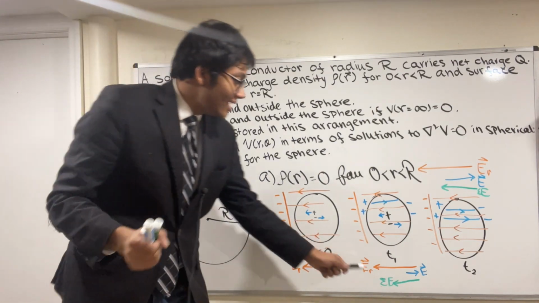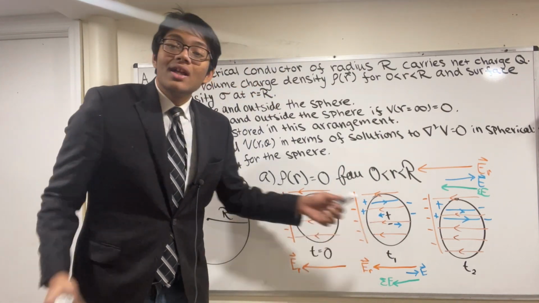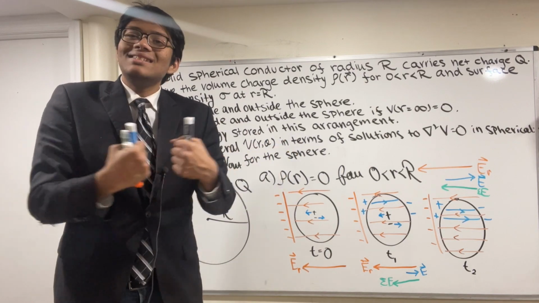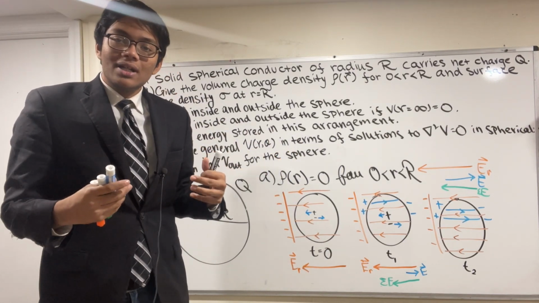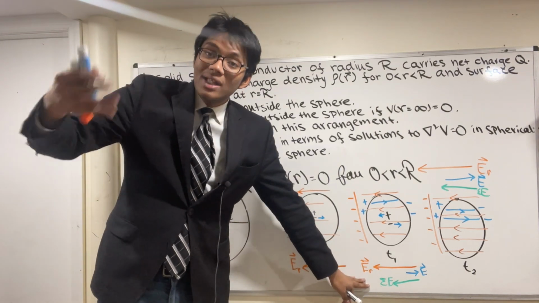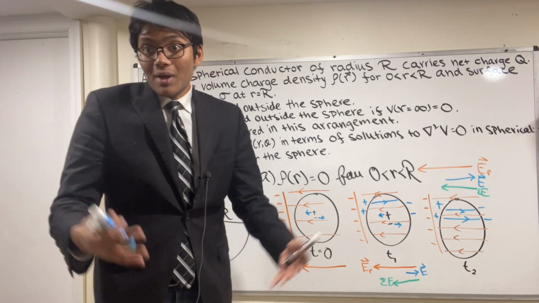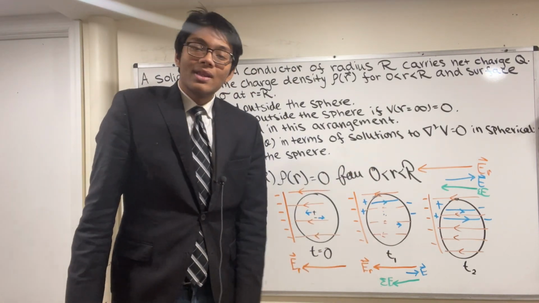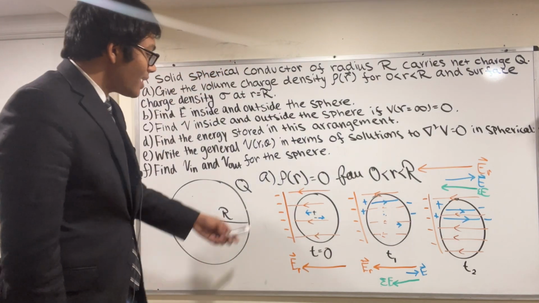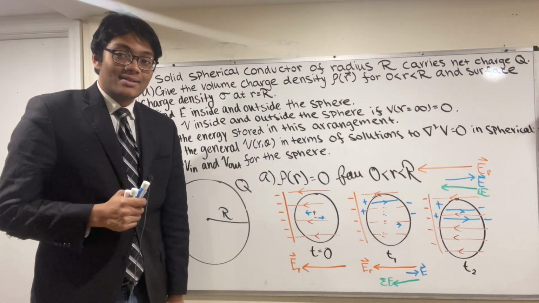Because until the electric field is zero, these guys will keep feeling a force, a need to separate. And until that force is zero, until that field is zero, which will create the force being zero, only then will they stop separating. And by then the electric field inside will be zero. So that is why the volume charge density is zero inside a conductor.